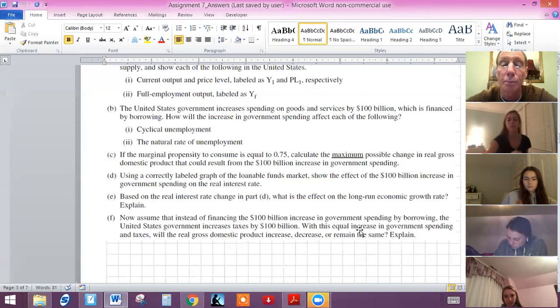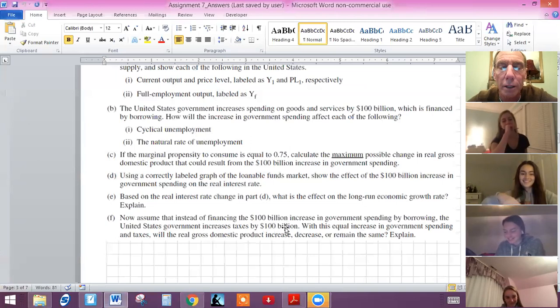And the answer that they give you in the AP on this exam is that they're doing both. So we're going to assume they're doing both, even though it says right up here "instead." Am I misreading something, or is that sort of weird how that's worded? No opinion? Okay. I think it just doesn't make sense. It says instead, with this equal increase in government spending and taxes.